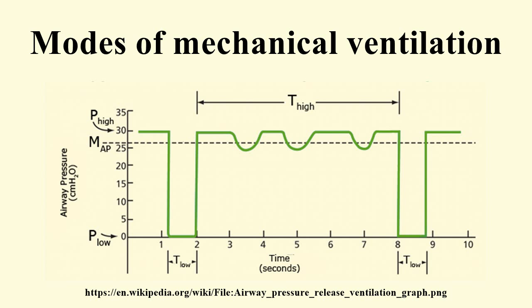Inspiration may also be machine-triggered or machine-cycled by preset ventilator thresholds. Patient triggering means starting inspiration based on a patient signal independent of a machine trigger signal. Machine triggering means starting inspiratory flow based on a signal from the ventilator, independent of a patient trigger signal.